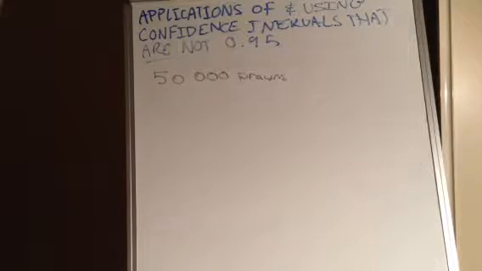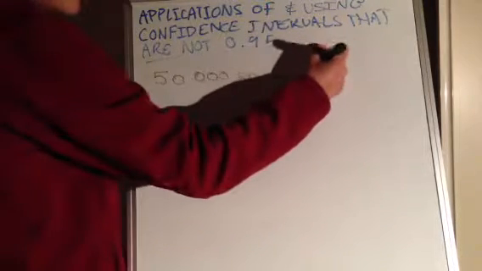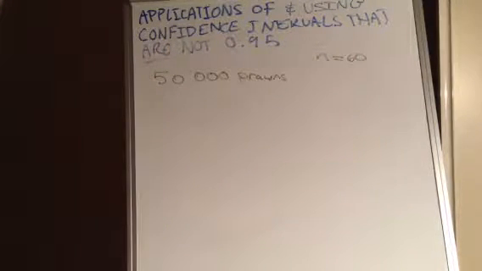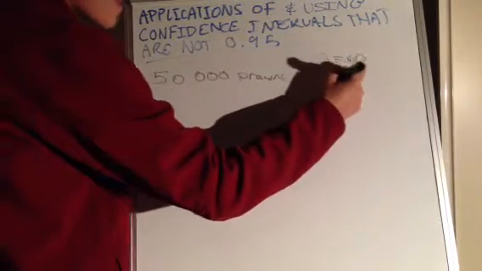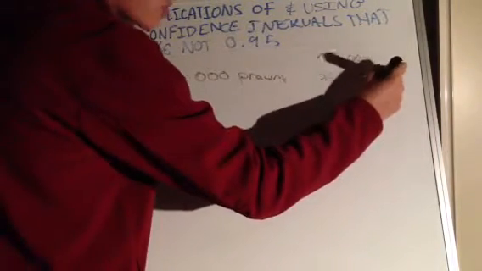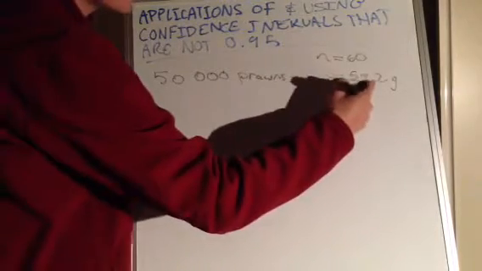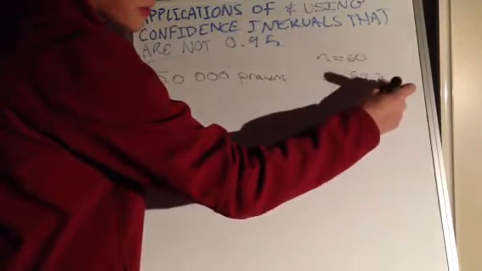The buyer selects a sample of 60 prawns, n equals 60, and finds that their mean weight is 57.2 grams per prawn. It is known that the population standard deviation is 4.2 grams.